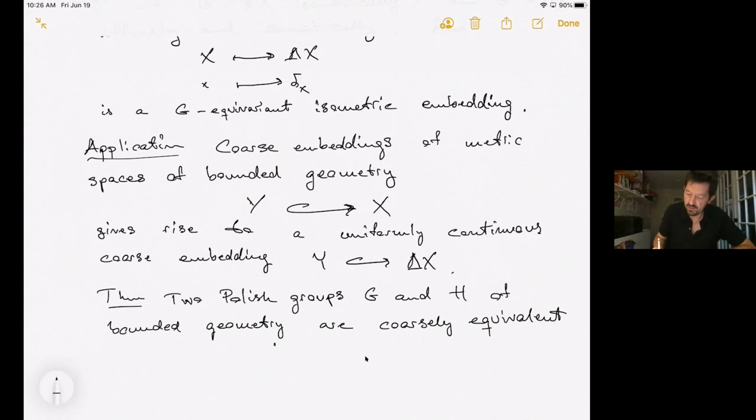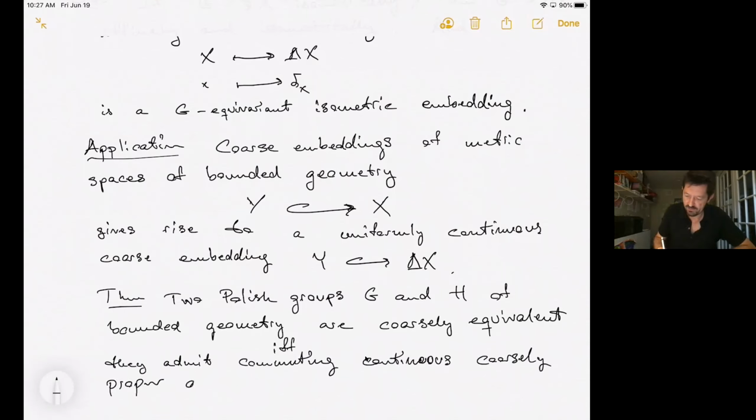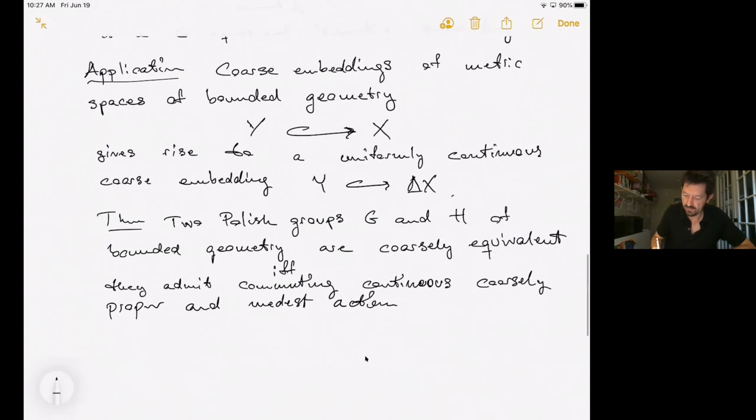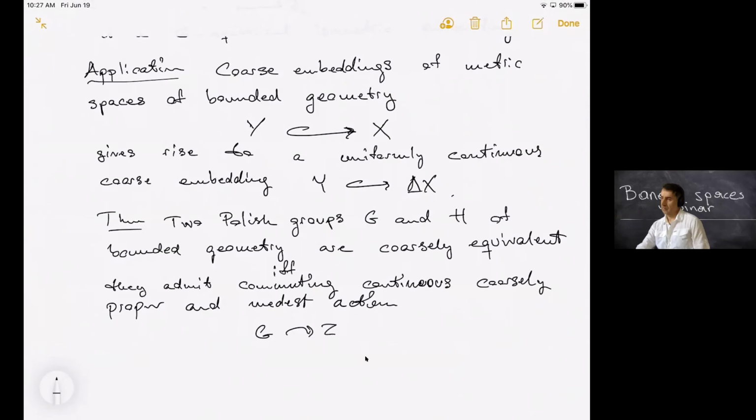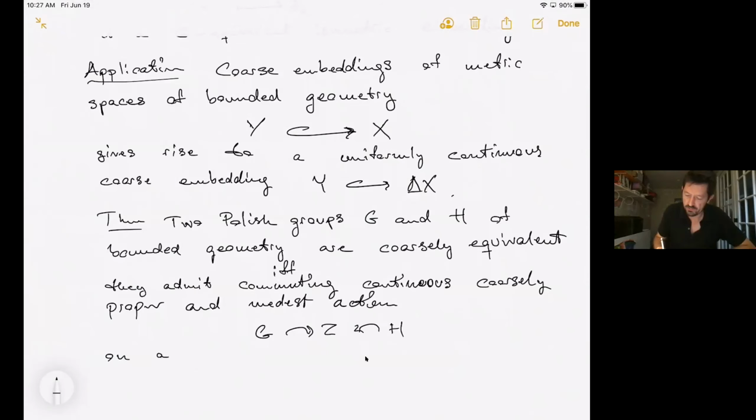And this happens if and only if they admit commuting continuous, coarsely proper and modest actions on a locally compact space.